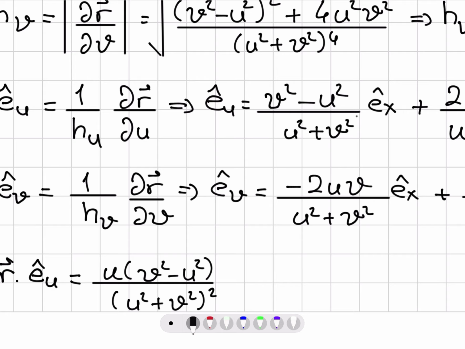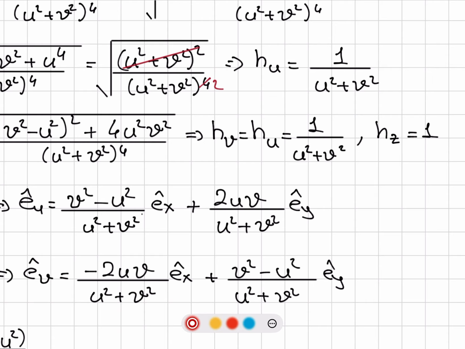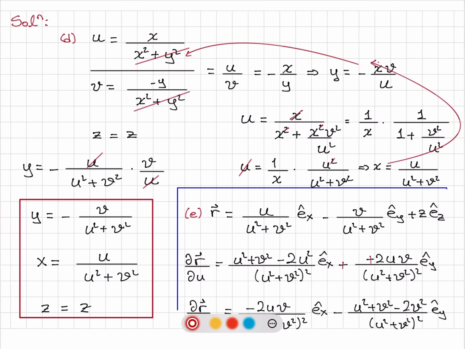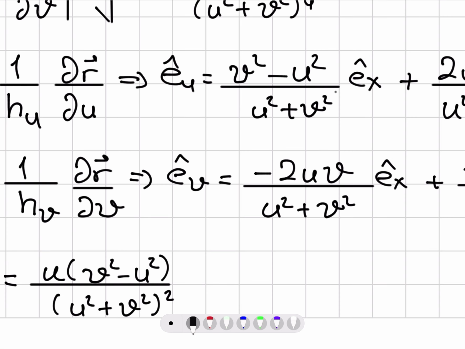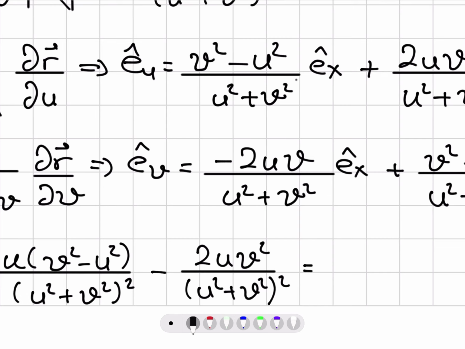And then for the Y component, I have to multiply 2UV with minus V. So I will have minus 2UV squared divided by U square plus V square parentheses squared. Now you can see that I can take this into minus U parentheses.